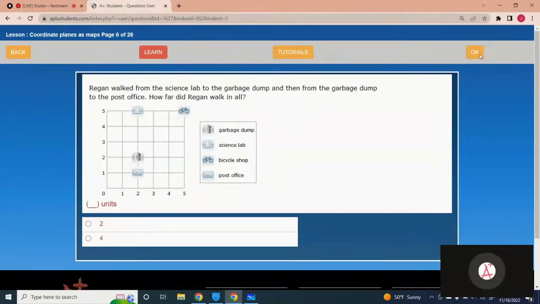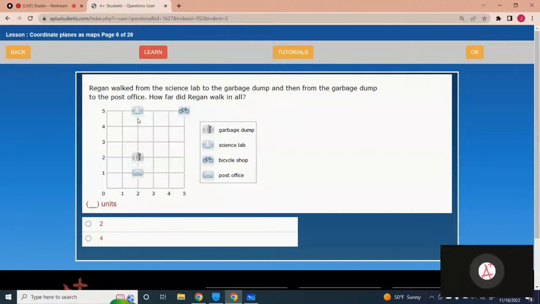Reagan walked from the science lab to the garbage dump and then from the garbage dump to the post office. How far did Reagan walk in all? Okay, where is the science lab? Here is the science lab to the garbage dump, then from the garbage dump to the post office.